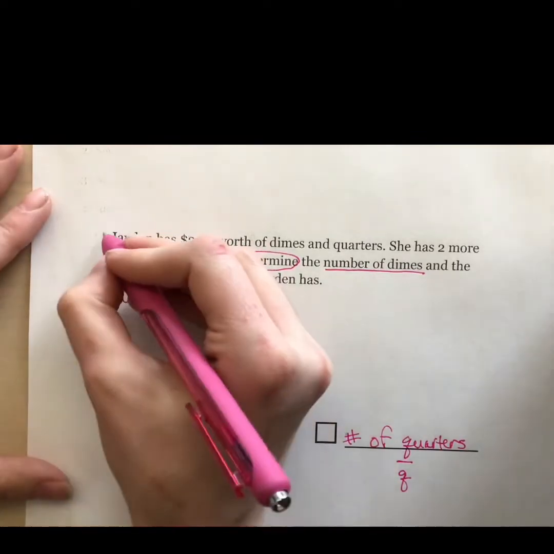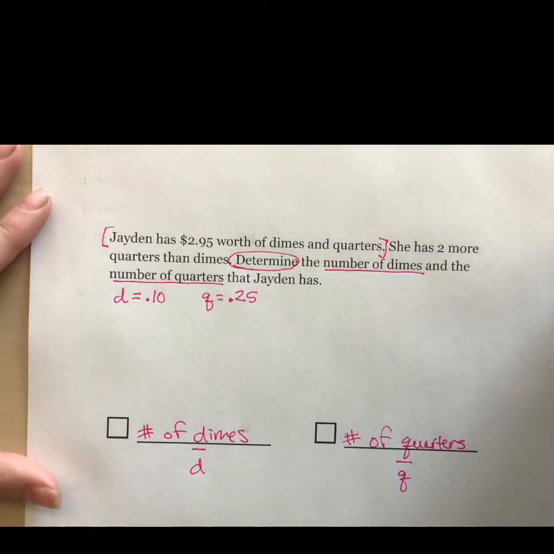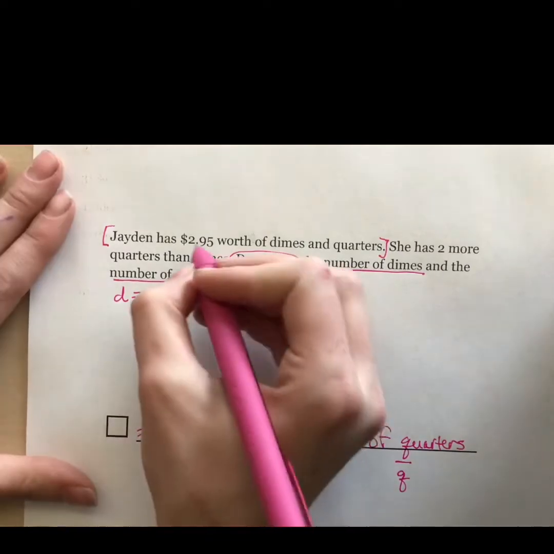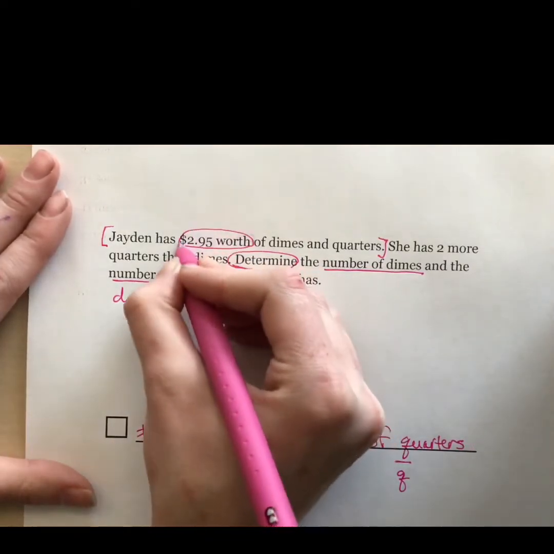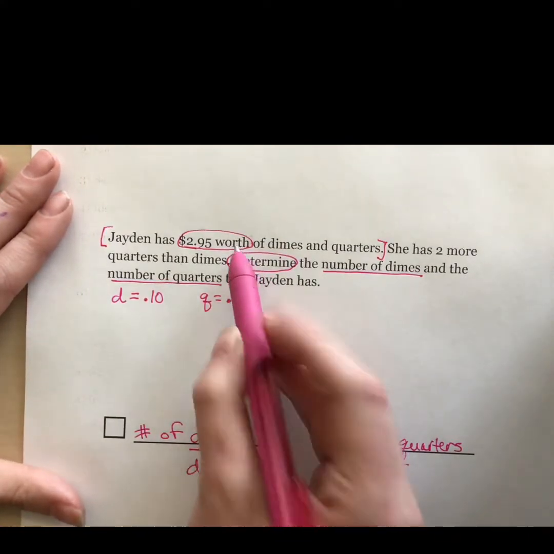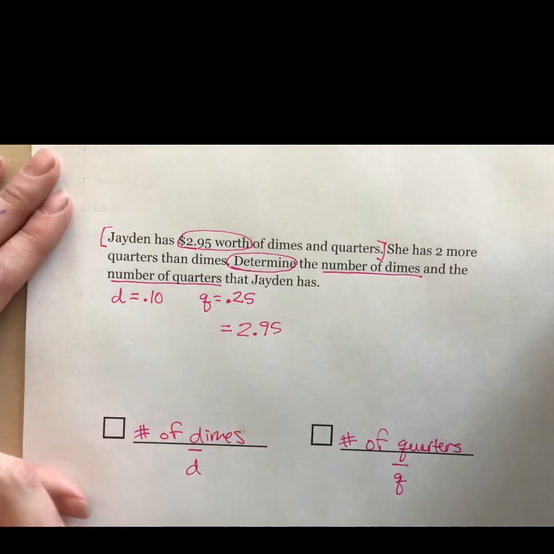Let's take a look at this first sentence here. Jaden has $2.95 worth of dimes and quarters. Well, it's important to note $2.95 worth. That means that this is my total amount. So I know that I have $2.95 equal to something else.